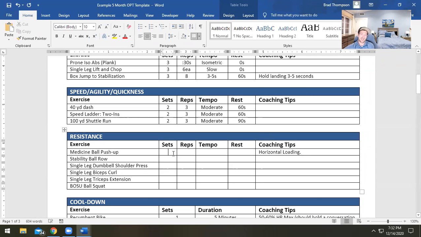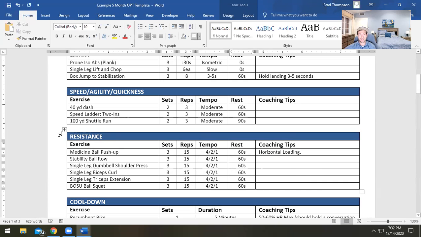So we're just going to do straight sets. 3 sets of everything, 15 reps of everything, 4-2-1 tempo every time, and 60 seconds rest. Cool. Really simple, right? Couldn't be a simpler workout.